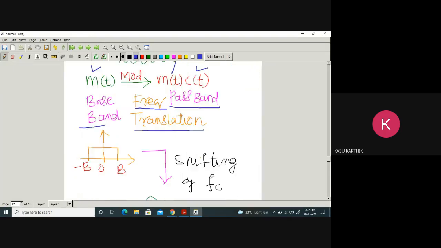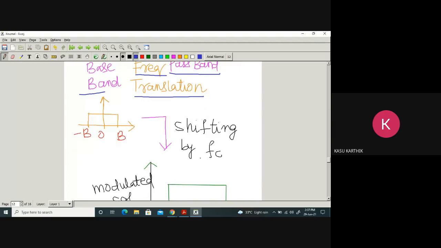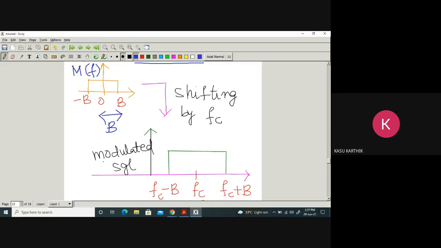Now, let me take a simple example. Suppose this is the spectrum of the message signal M(f) before modulation. The bandwidth is B. It is a baseband signal because it has significant low frequency content, starting from 0. Now after modulation, what is modulation? Frequency shifting.